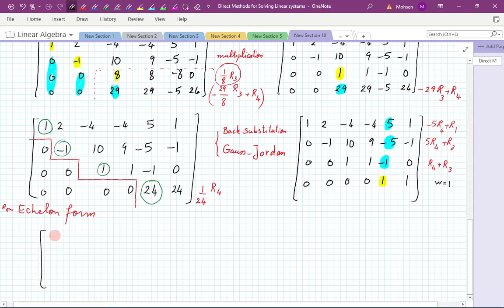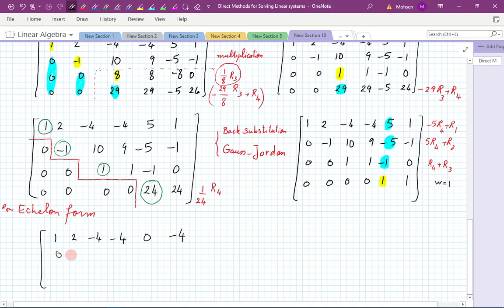We are going to have 1, 2, minus 4, minus 4, and next I'm going to have of course 0. 5 of this is added to that. Minus 5 times 1 plus 1 is going to become minus 4.